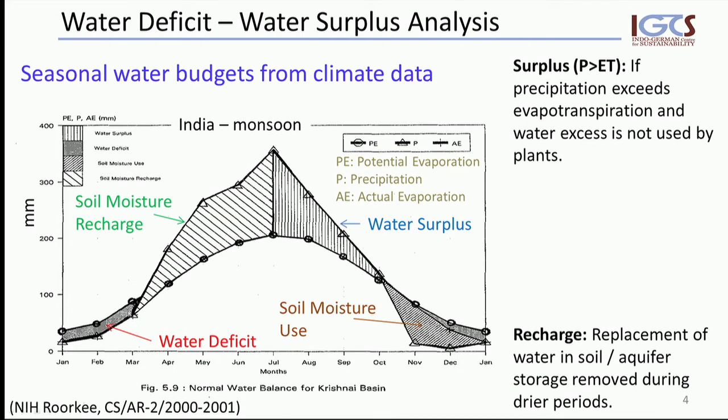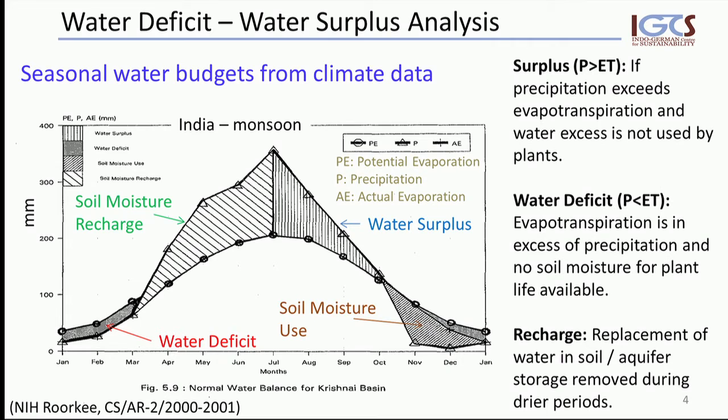Coming back to our starting point, the maximum water deficit is also our so-called wilting point. This is when plant life will not be possible anymore because plants can't access the remaining amount of soil moisture in our soil moisture compartment. In that case, we speak of a water deficit.